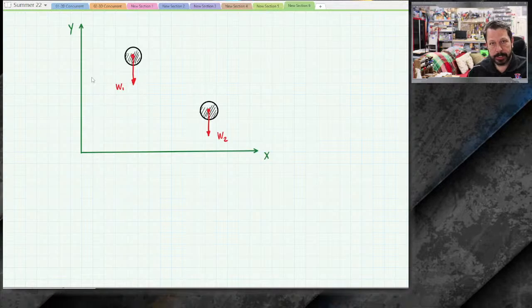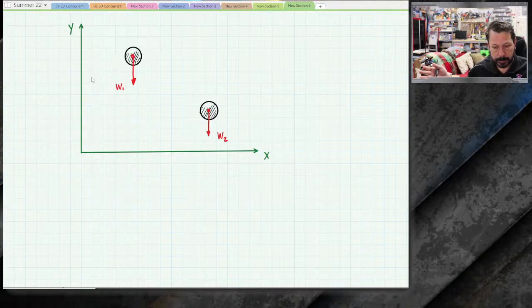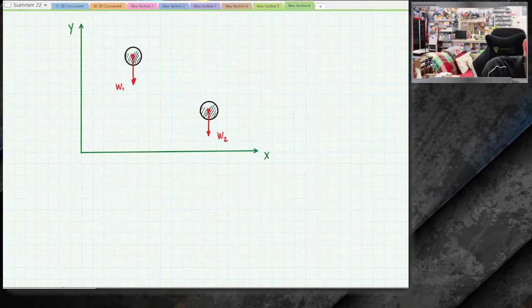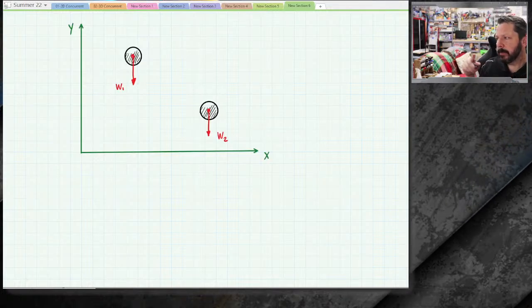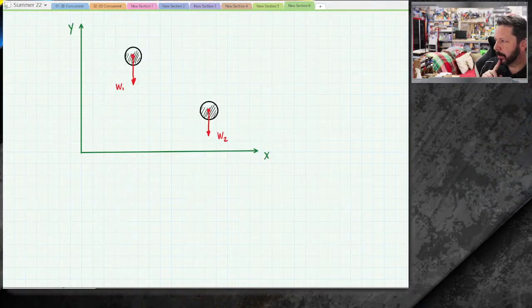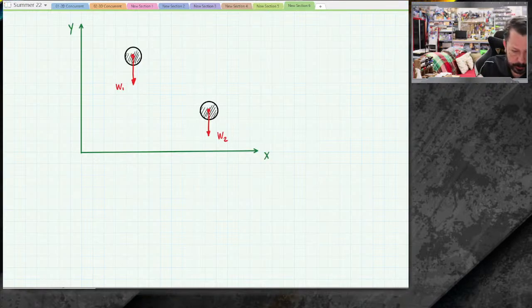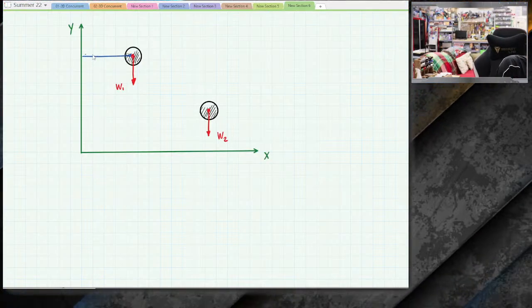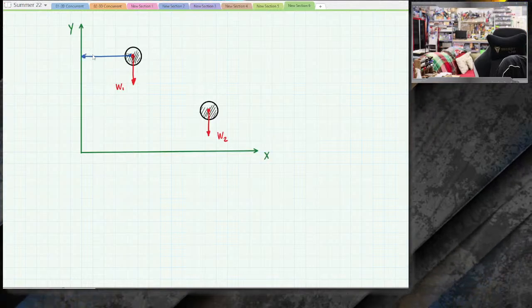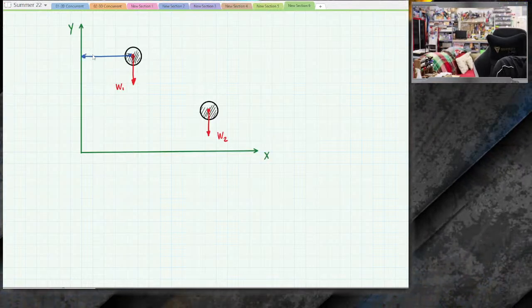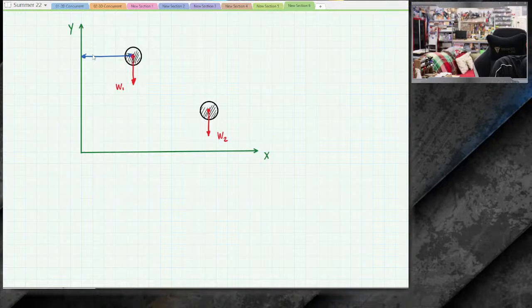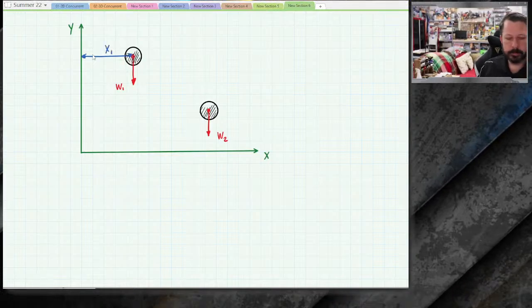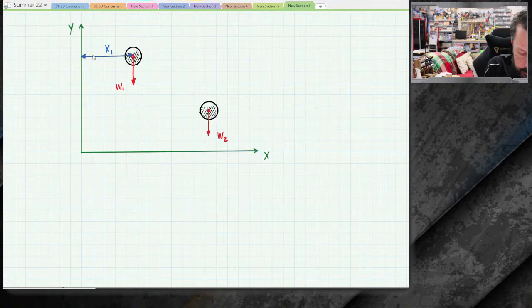Also, they both exist in space somewhere. So they have coordinates, x and y coordinates. For now, I will just use the x coordinates. So measuring from the y-axis over to sphere 1, that'll just be x coordinate 1, whatever that number is.